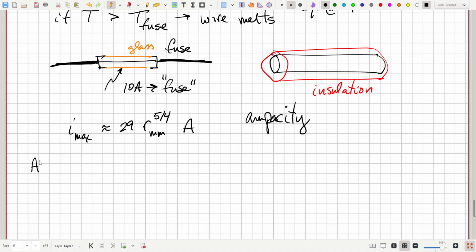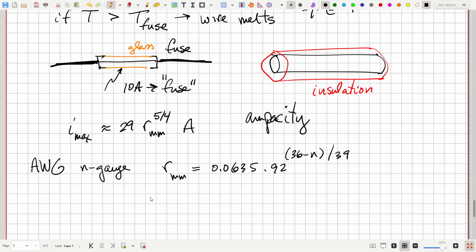So let's see. In the U.S., we use American wire gauge. And if you have N gauge wire, the radius in millimeters is 0.0635 times 92 to the (36 minus the gauge N) over 39.